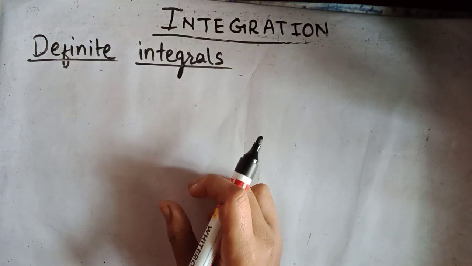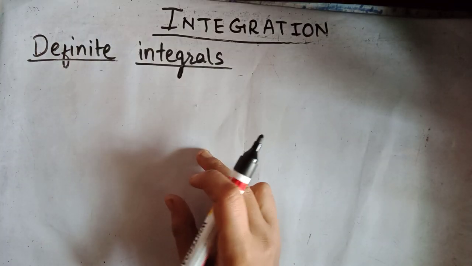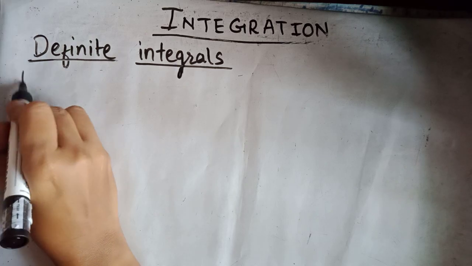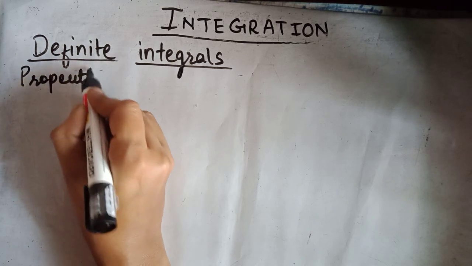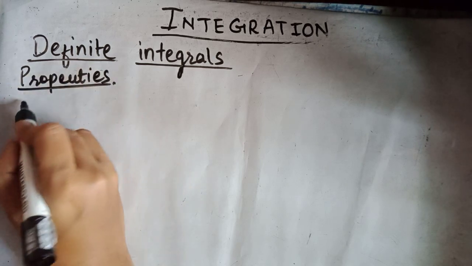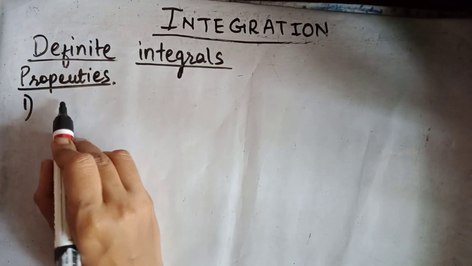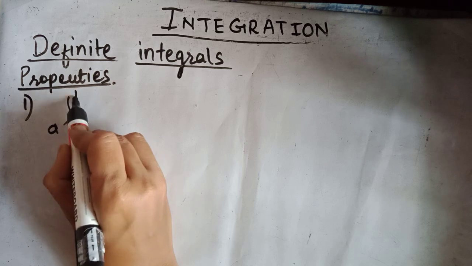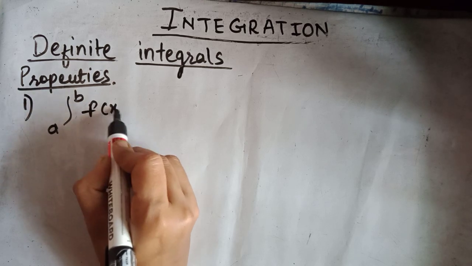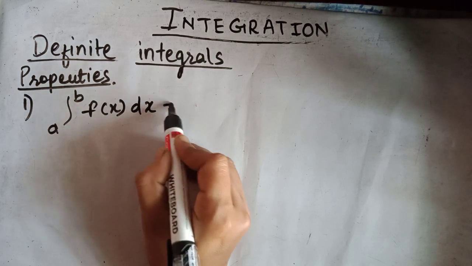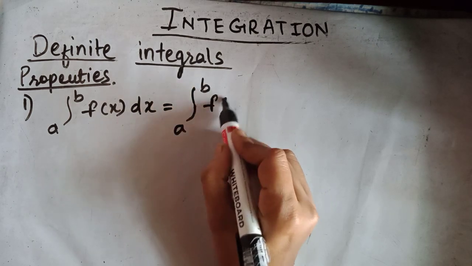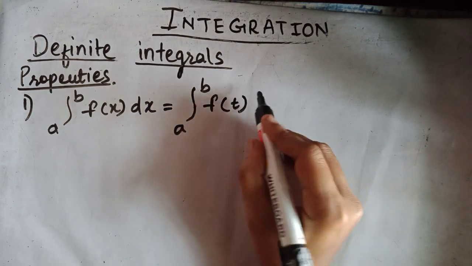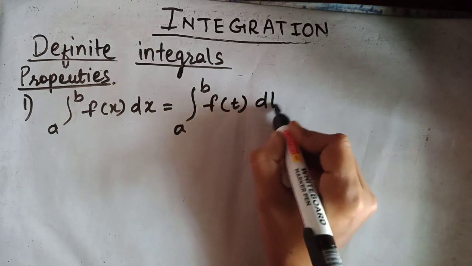There are some properties of definite integrals. Let's see them. If it is the integral from a to b of f of x dx, you can keep the limits as they are and take another variable t.